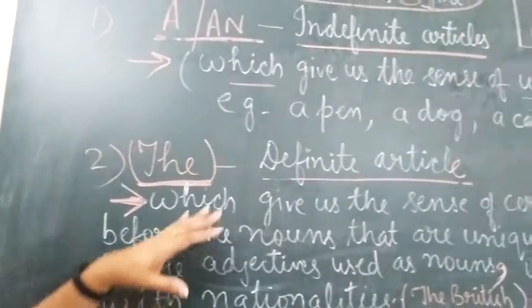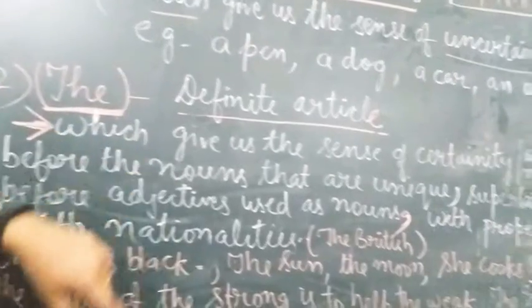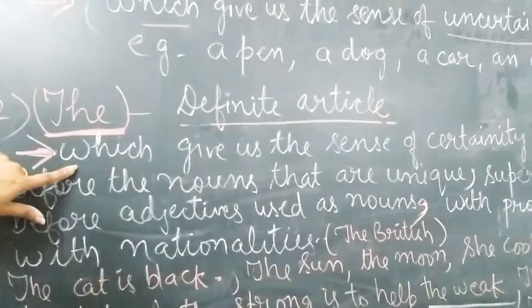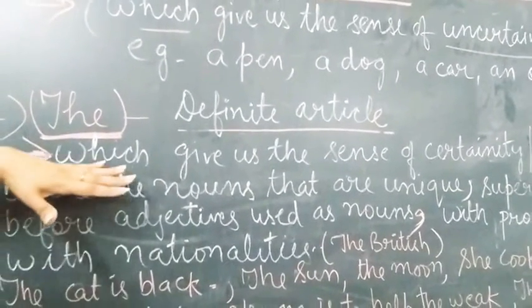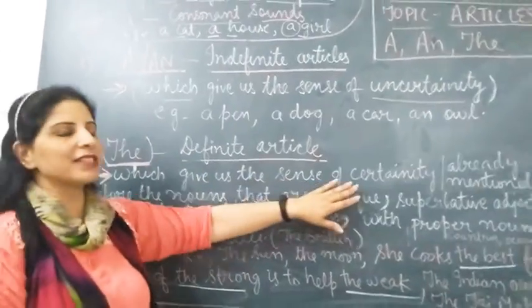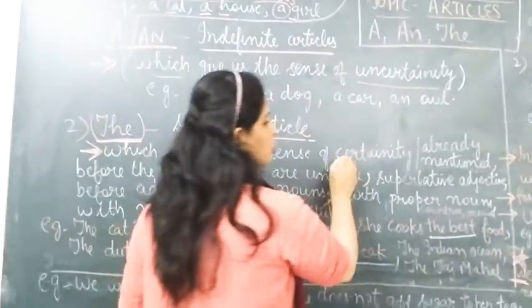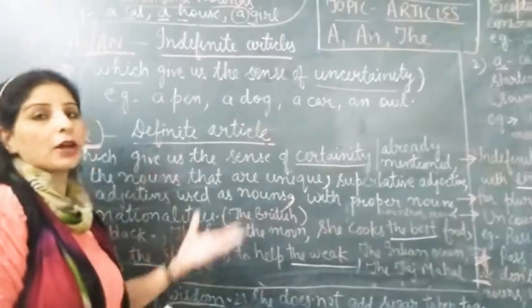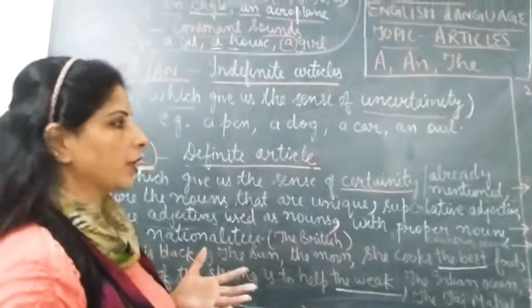Okay. Now there are certain situations where we can use the definite article. First one is when we get the sense of certainty, meaning it is used before those nouns which give us the sense of certainty, surety, when we are sure about what we are talking about. Okay.